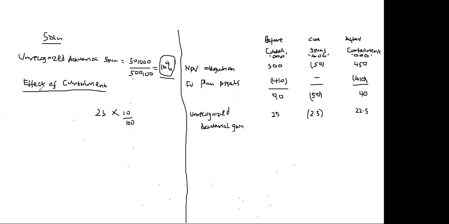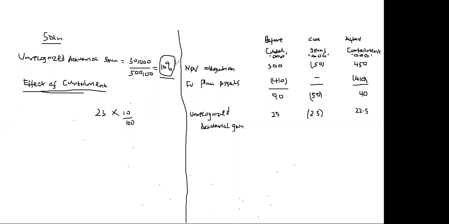Then after this, we are trying to find out the effect of the curtailment now on the net present value and also the fair value of the plan assets. So what we have done now, we've made a table which has got 4 columns so that we write the amounts before curtailment, we note the curtailment gain, and we also note the amount after the curtailment. So the first item has been the net present value obligation, which was before curtailment, we had 500,000. That is what we have in our problem.